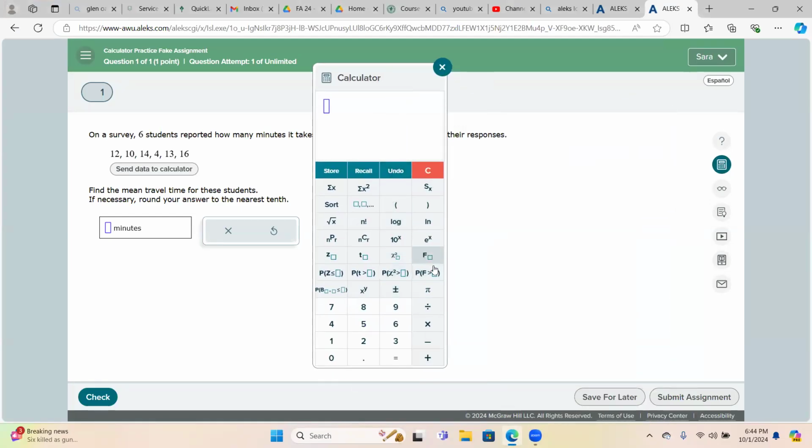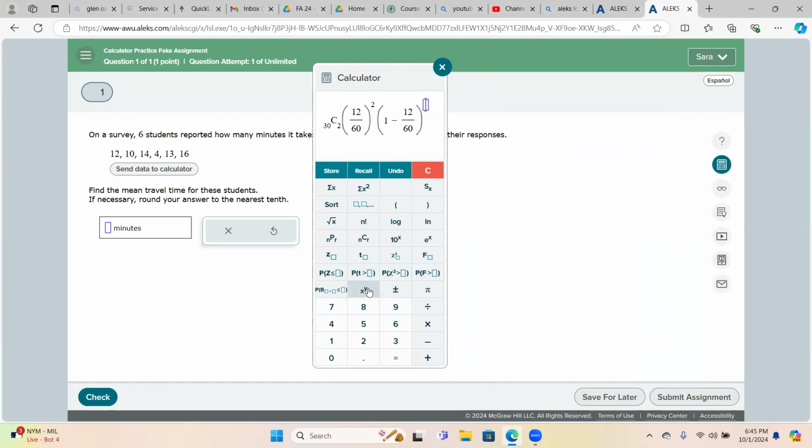So right here, 30 choosing 2, and then parentheses 12 divided by 60 parentheses, and then I want to raise that to the 2, and then 1 minus 12 divided by 60 parentheses, and then I'm going to raise that, and I'm using the X to the Y button here to do my exponent.